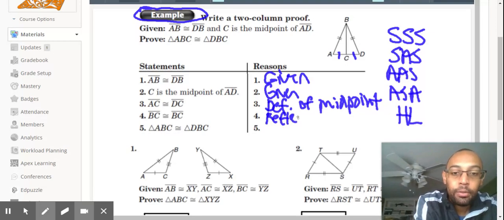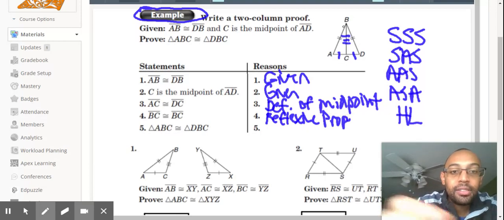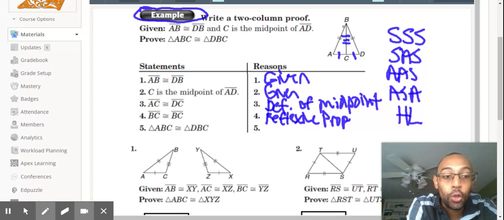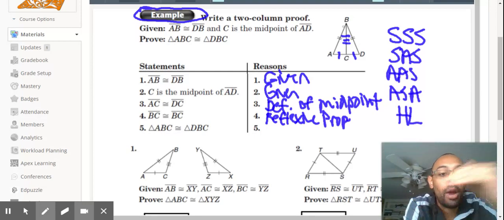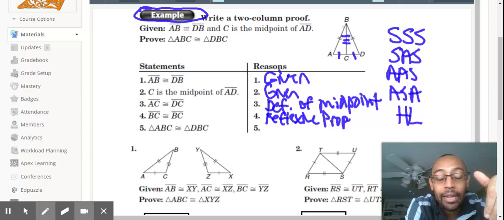It's important because it tells us that this segment, BC, is congruent to itself, which is always true. Anytime you have 2 triangles sharing the same side, you are using the reflexive property to prove that that side is congruent to itself.